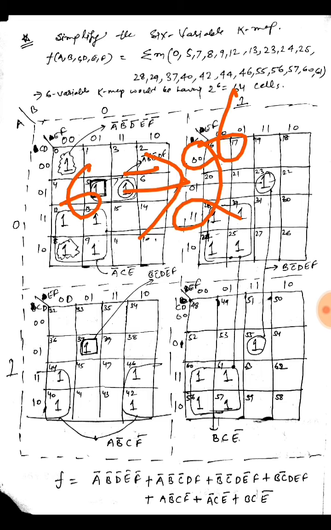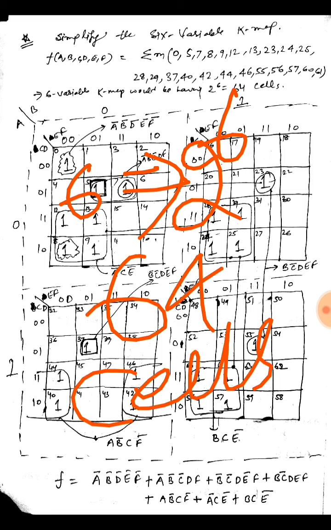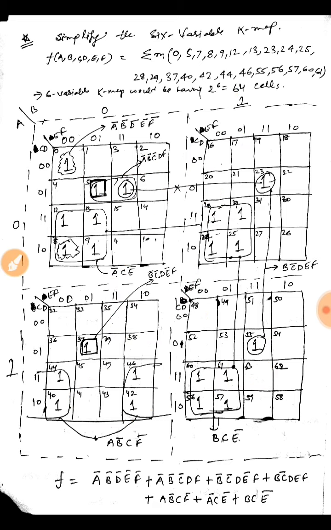We can also have 6 variables A, B, C, D, E, F. So for 6 variables I would need 2 raised to power 6, that is 64 cells, to represent a logical function of 6 variables. For that I would need 4 K-maps of 4 variables.